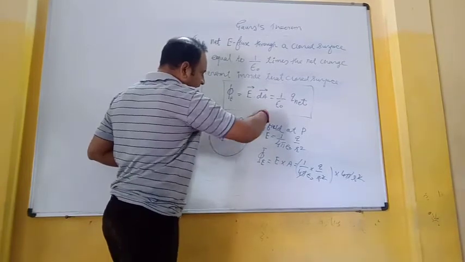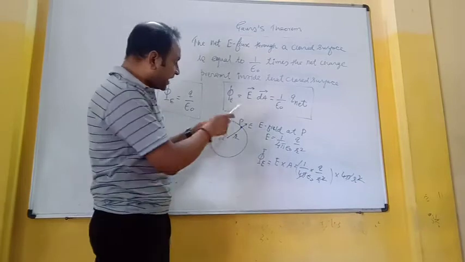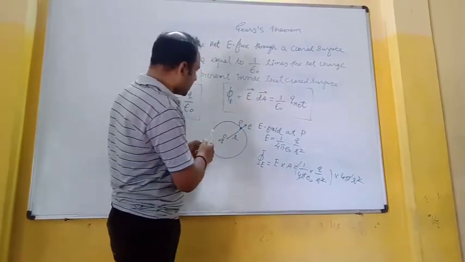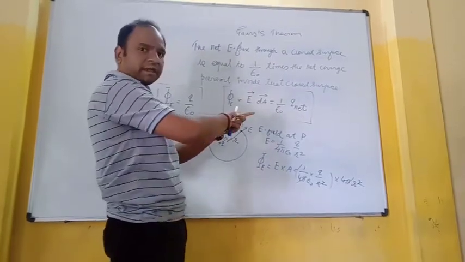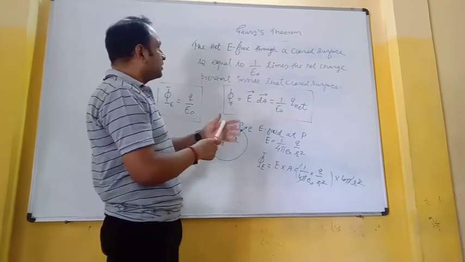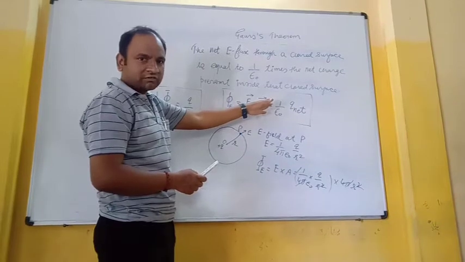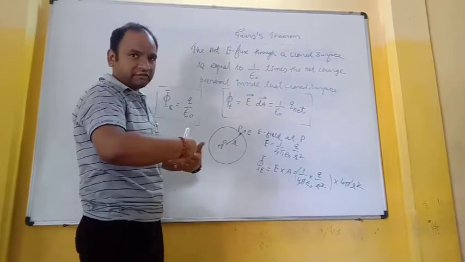My electric field lines would be entering into the sphere. But the area vector would be along this. So when I take a negative source charge, the area vector and the electric field would form an angle of 180 degrees with respect to each other. And therefore that would be E dA cos 180 degrees, which is minus 1, and therefore there would be a net flux coming into the surface.